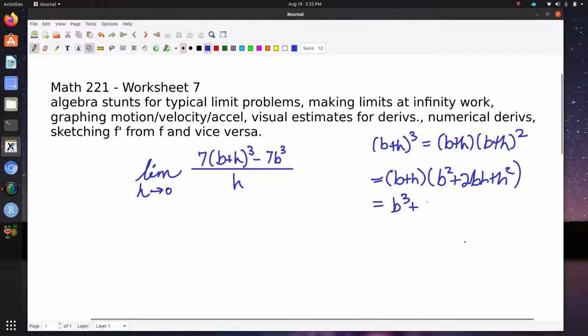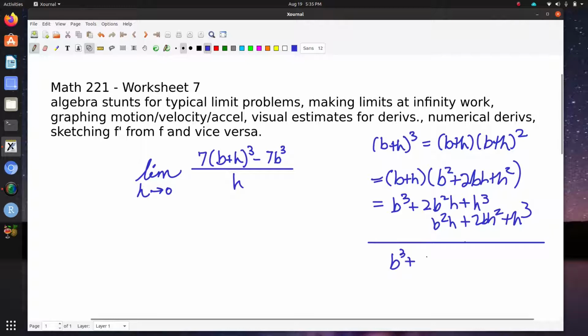So we have b squared plus 2bh plus h squared, and then everything times h. So b squared h plus 2bh squared plus h cubed, and then you add all that together: b cubed plus 3b squared h plus 3bh squared plus h cubed.